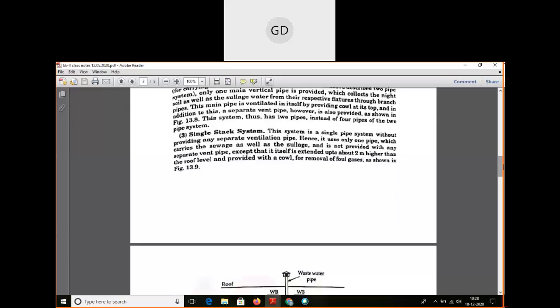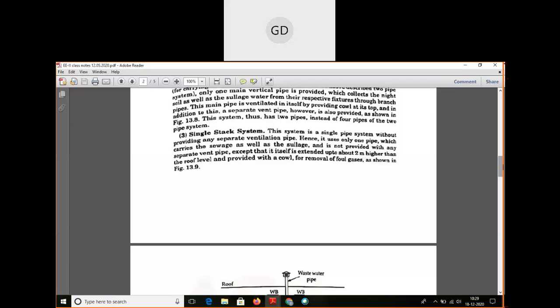Ventilation pipe will not be there in the single stack system. Except that, it itself is extended up to 2 meters higher than the roof level and provided with a cowl for removal of foul gases, as shown in the figure.